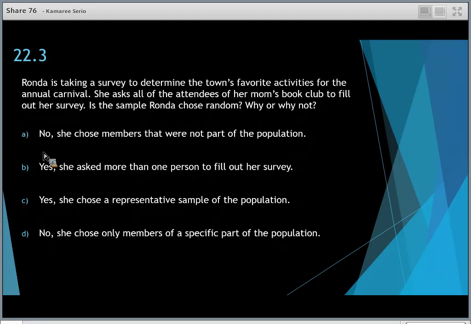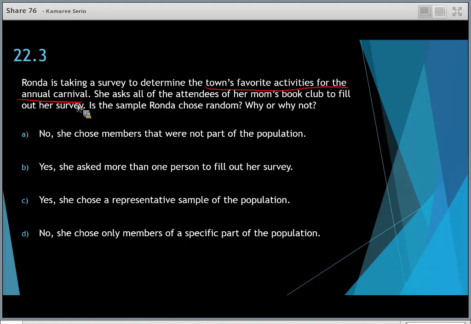Rhonda is taking a survey to determine the town's favorite activities for the annual carnival. She asks all of the attendees of her mom's book club to fill out her survey. Is the sample Rhonda chose random? Why or why not?